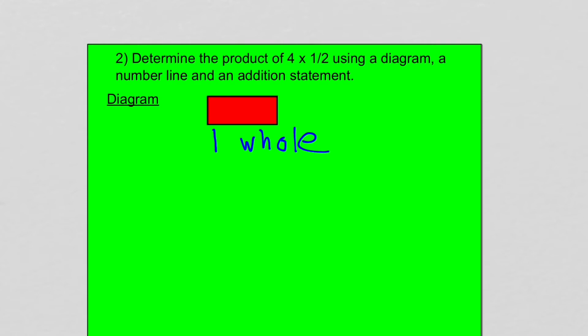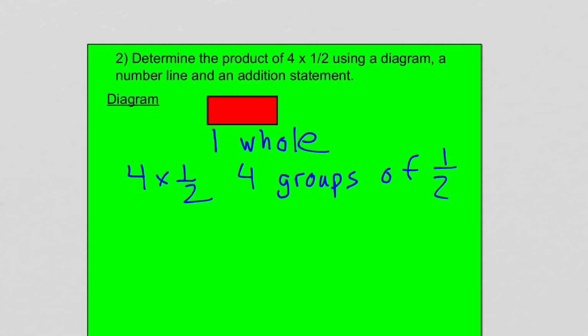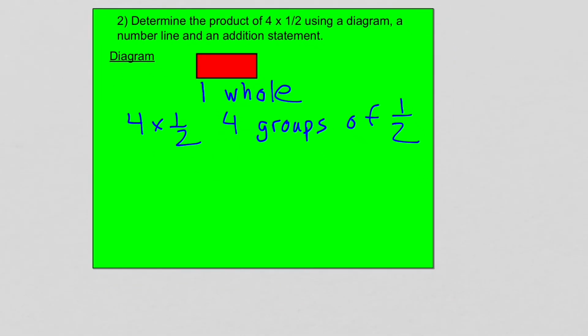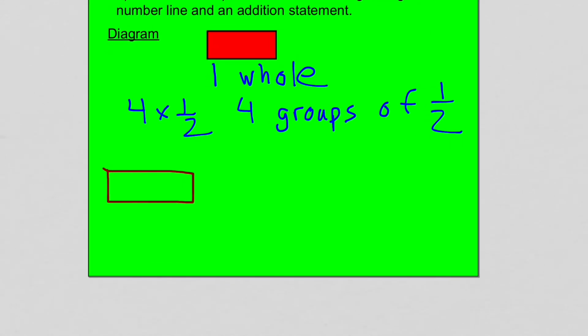So if I wanted to figure out what 4 times 1/2 looked like, or 4 groups of 1/2, I could draw one red rectangle, and I'm just going to have to draw this, because we were using smartboard tools for this. I cut it in half, and I have 2 halves.